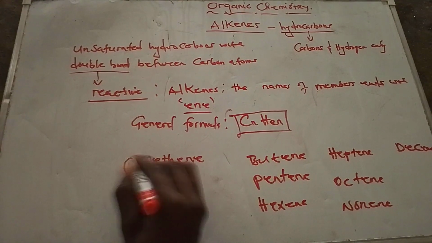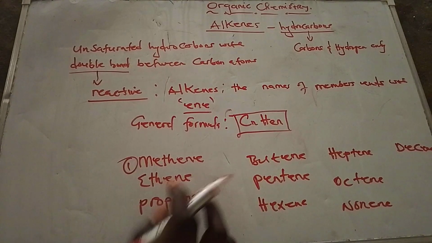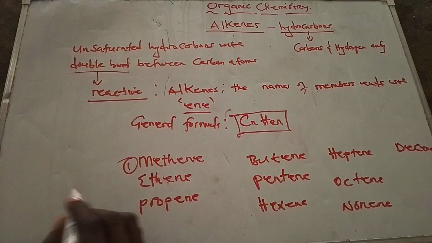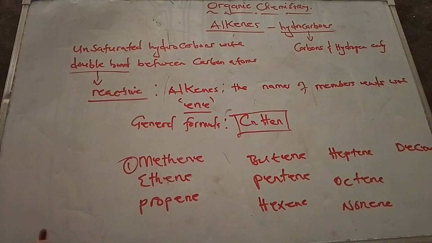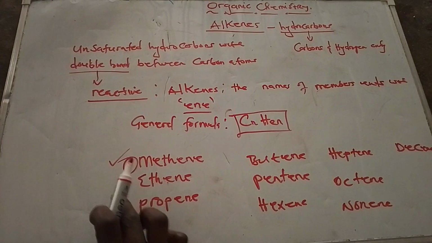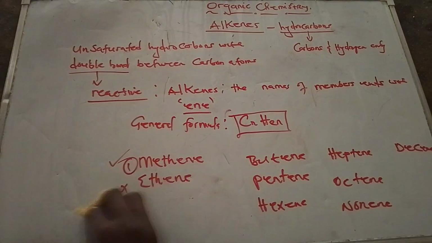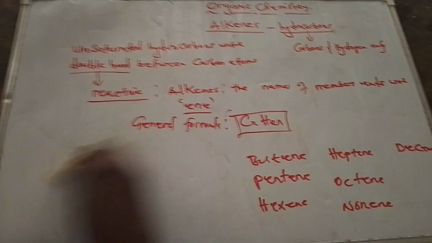Now, the first member we don't consider, in the sense that it has no capacity to show us where a double bond is located. So this one is omitted. We start from here up to the last one. These are the members whose physical properties and chemical properties we are going to look at, and how they react.